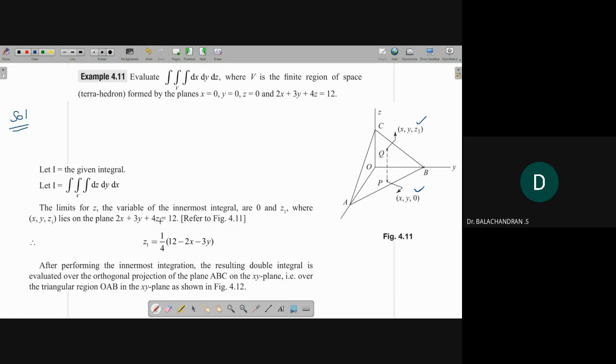Hence it satisfies this equation: 2x plus 3y plus 4z1 equal to 12. From this, 4z1 equals 12 minus 2x minus 3y, so z1 equals 1 by 4 into 12 minus 2x minus 3y.